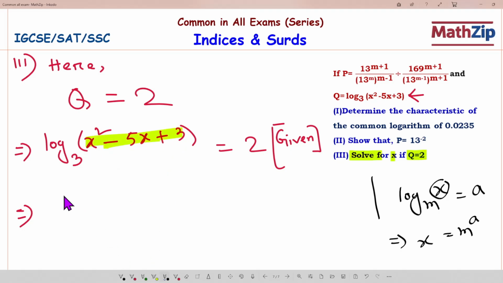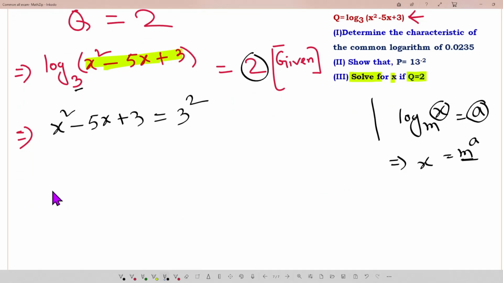So we can write x square minus 5x plus 3 equals, this is m and this is m, right? So 3 is the base, and here equals 2, it means this is a. So 3 square. Now x square minus 5x plus 3 equals 3 square, means 9.